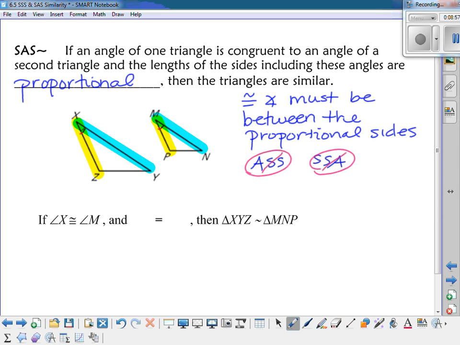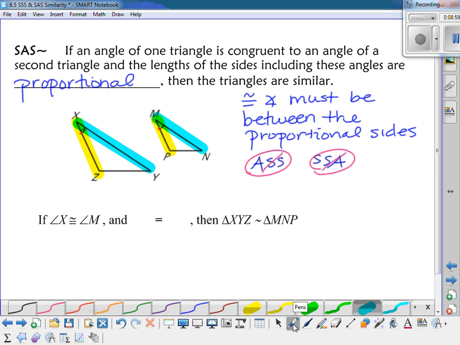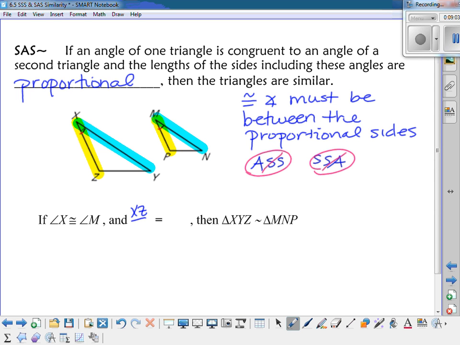So if angle X is congruent to angle M, and XZ over MP is equal to XY over MN, then I know triangle XYZ is similar to triangle MNP by side angle side similarity.